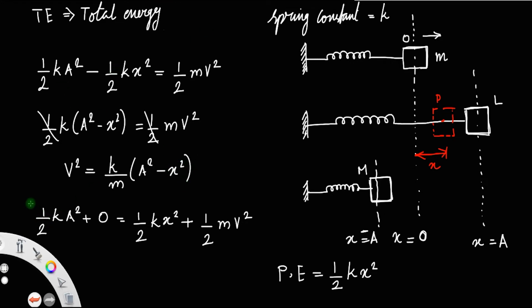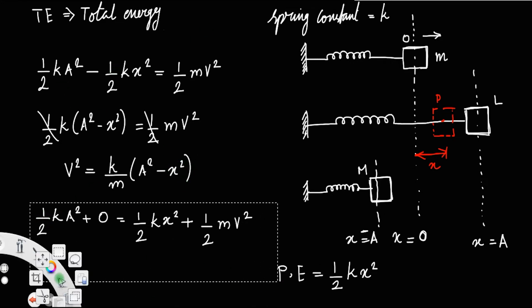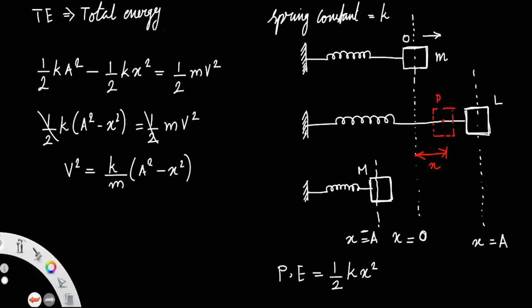which means velocity at the point P, or velocity at any point of the motion of the spring, we have v equal to root of k by m times a square minus x square.